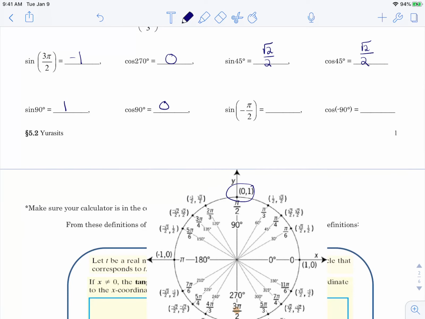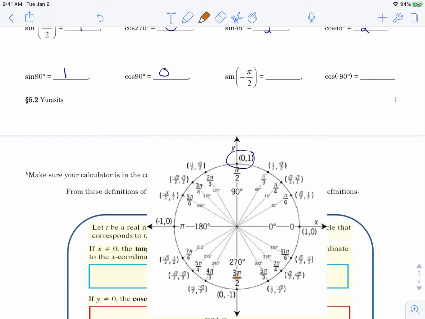There's that negative business, so negative. Start here and go in this direction. That's supposed to be a circle. And we want sine, so that's going to be negative 1 because it's my y values. However, cosine of negative 90 are going to be my x values, so that's why it's 0.